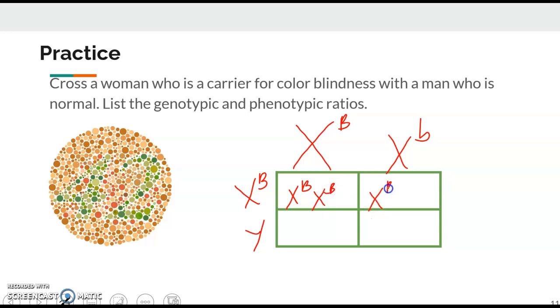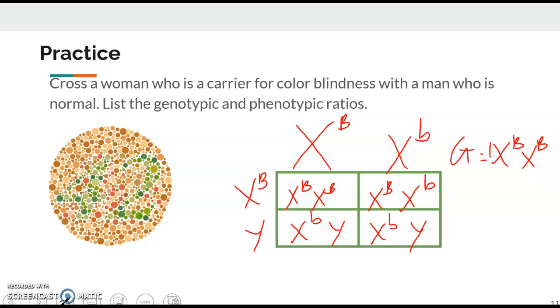In terms of genotypes, we have one female who is X^B X^B, then one female who is X^B X^b, and one male who is X^B Y.